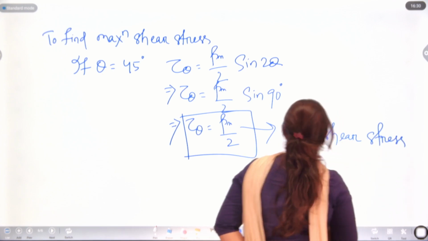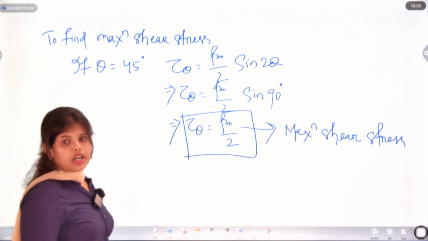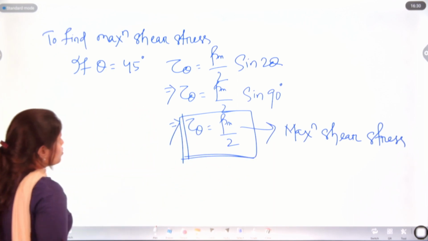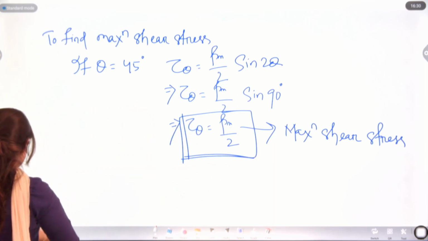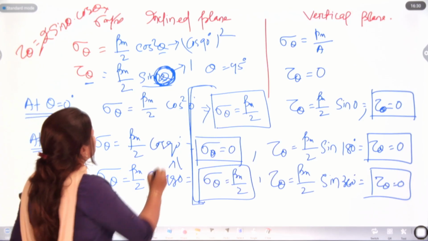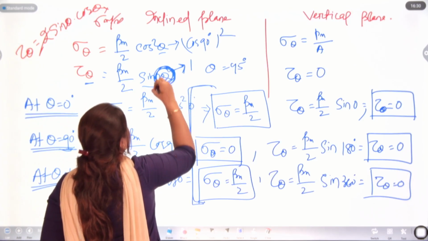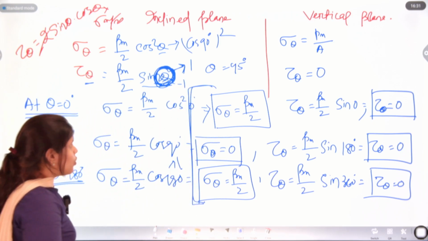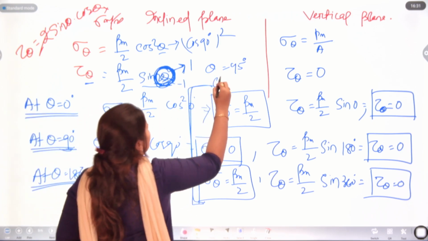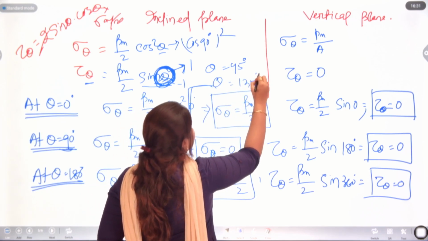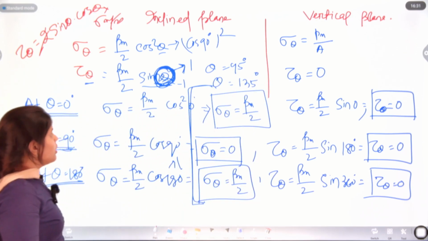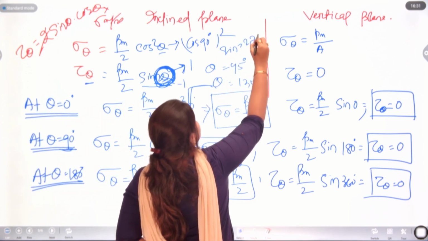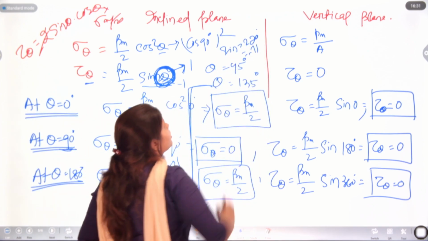Okay. Now we have maximum shear stress. To find out minimum shear stress, we need to find this sin 2 theta as -1. So, if we put theta as 135 degree, our sin 270 degree will be -1.